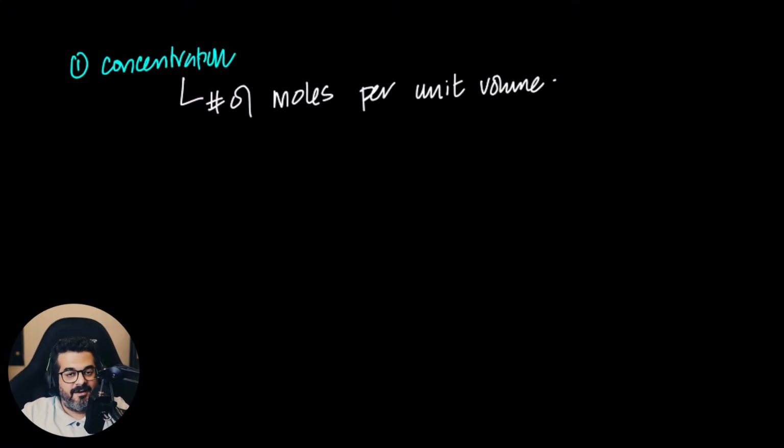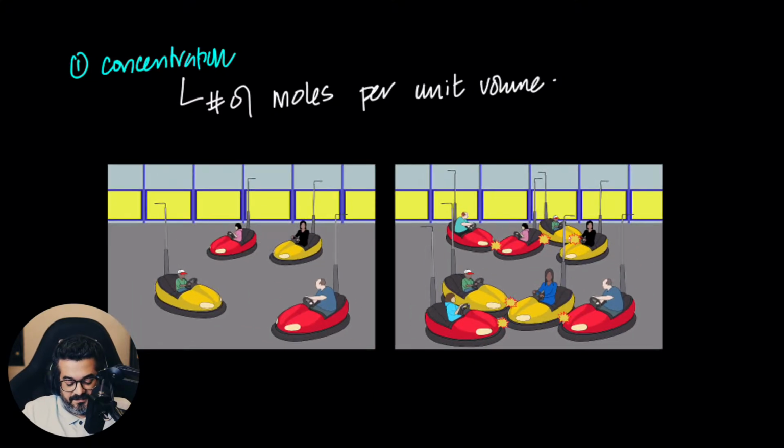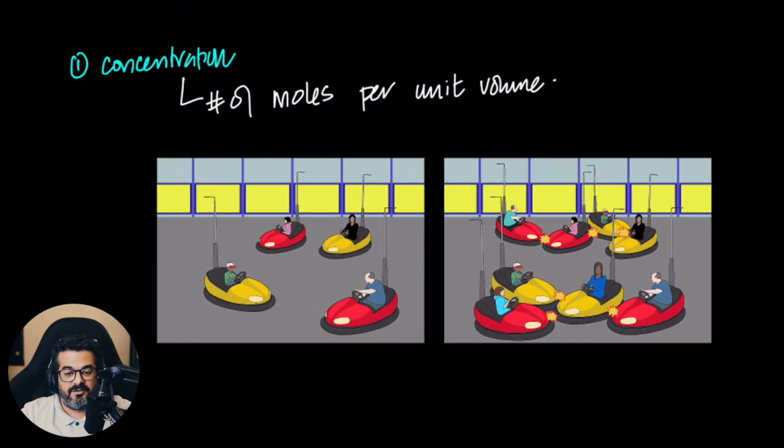It's only fun if many people are riding those dodgem cars. If there are only two or three people riding, you get hit very infrequently. But if you have a very crowded dodgem car section, you're going to get bumped more often. And that's the principle that is applied to concentration.